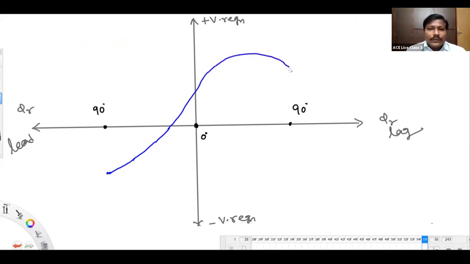Like this, we can experience the voltage regulation curve. All of you getting this one? Once after completion, I will move to next slide to take up further comments.